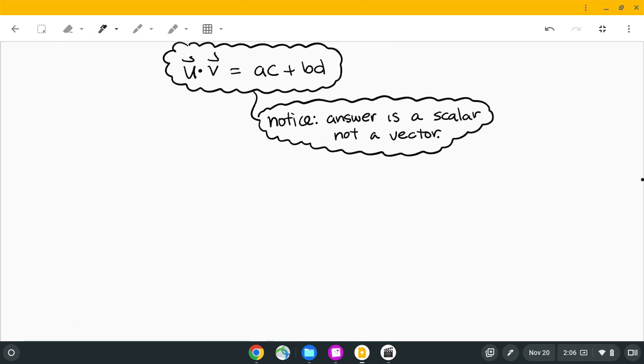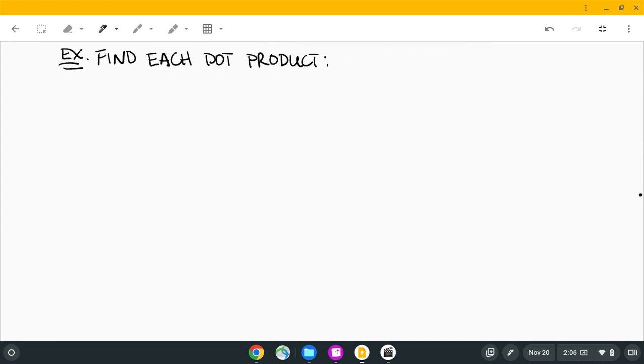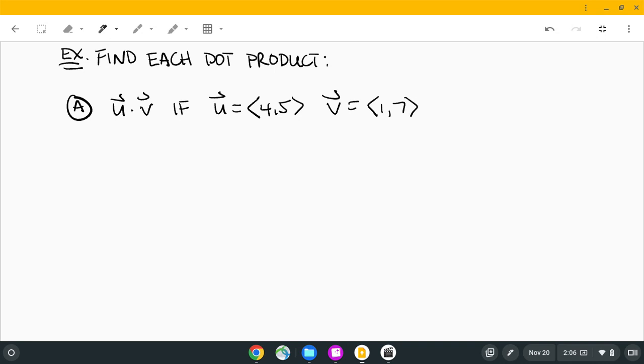Okay, so let's take a look here. Find each dot product. Suppose that we have this one, letter A, u dot v if u equals this vector and v equals this vector, 1, 7.